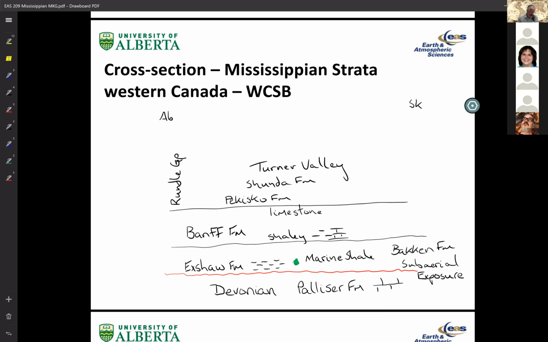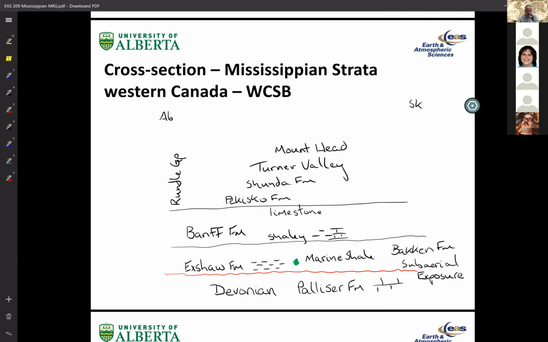The Turner Valley Formation happens to be an outstanding reservoir in the area of Turner Valley as well, and provided a very large oil field for Western Canada. And then on top of this, the Mount Head Formation. And all of these are variably limestones, and some of them are dolomitized.